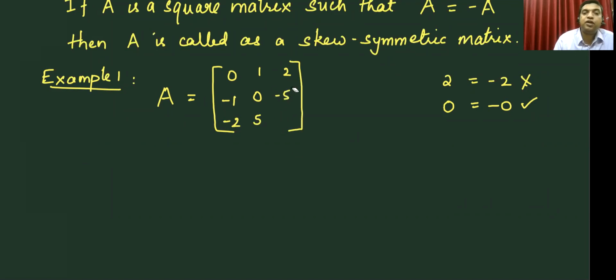So just look at how the skew symmetric matrix looks. The diagonal elements will be 0. Across the diagonal elements, the numerical values will be the same, 1 1, 2 2, 5 5, but they will be of opposite signs.